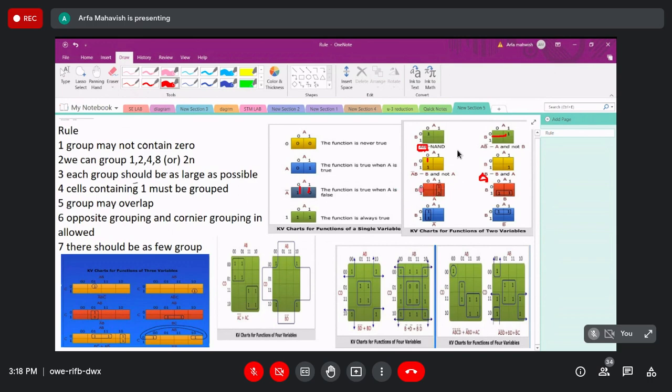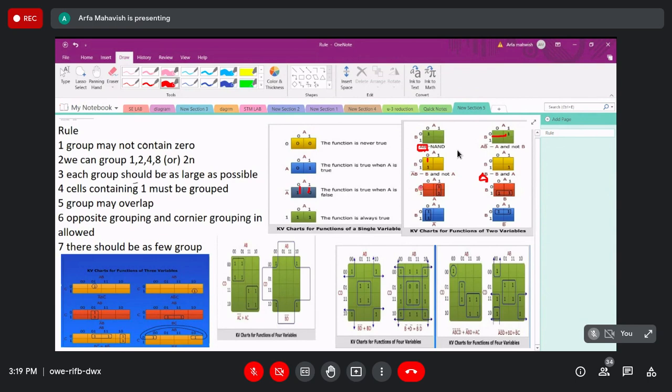This is the rows and columns. For B, we have the two rows. It's covering the two rows, 0 and 1. In the A, it's covering only one column. So here, look at this. Guys, listen to this carefully.